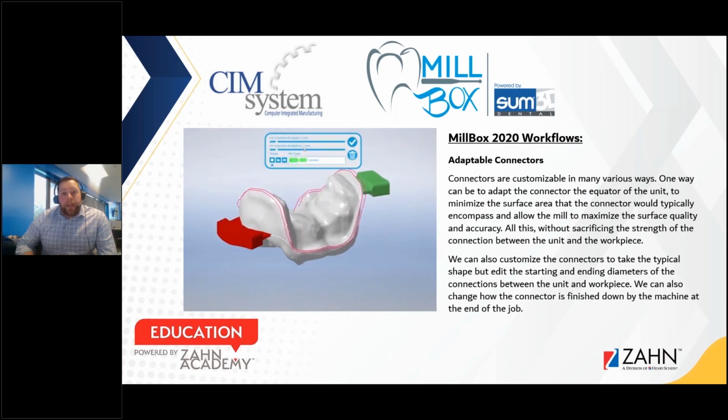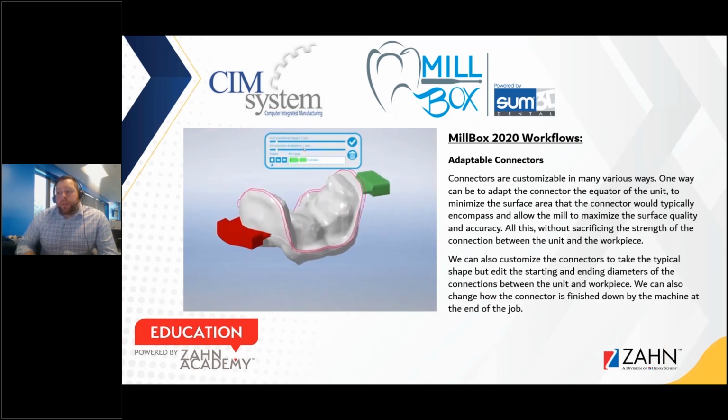We can have it flow or follow that horizon line and really maximize the hold on the unit while at the same time minimizing the impact that connector has on the overall dimensions or surface area of the unit. So we're maximizing the integrity of the holder, but we're not increasing the amount of surface area it takes up on the unit, which is really great.